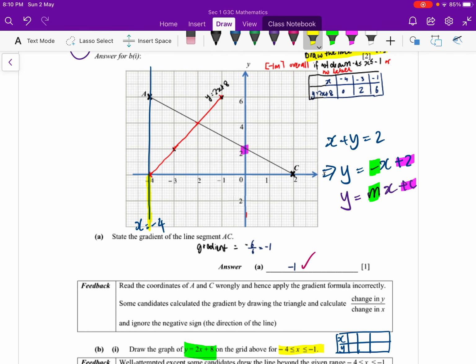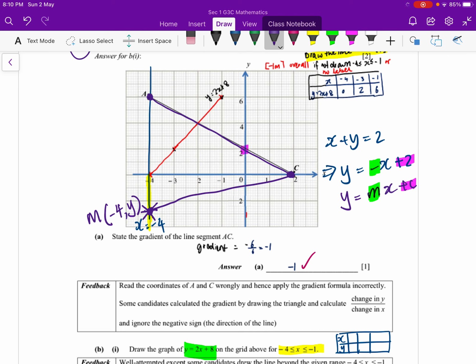Okay, so ACM, let me outline the triangle. A to C to M. I do not know where M is, so I'll just randomly choose a point. Let's call this point M with coordinates x coordinate is -4, y coordinate, let's call it simply y.